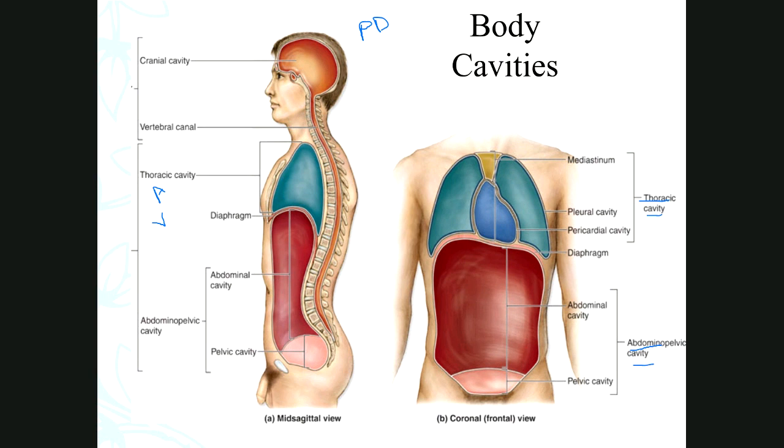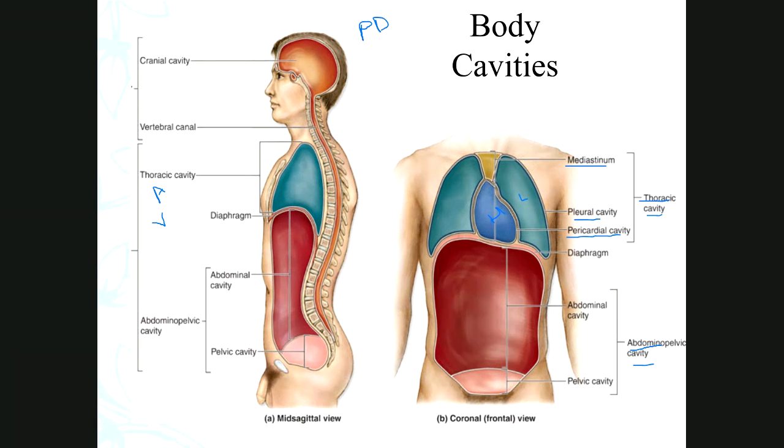We'll learn that the thoracic cavity is divided into little subunit cavities, which will be the pleural cavity here, which houses the lungs, right? Pericardial cavity houses the heart here. And then in between the 2 lungs is another cavity called the mediastinum, which includes the pericardial cavity and a lot of other organs and vessels that we'll talk about in a minute.